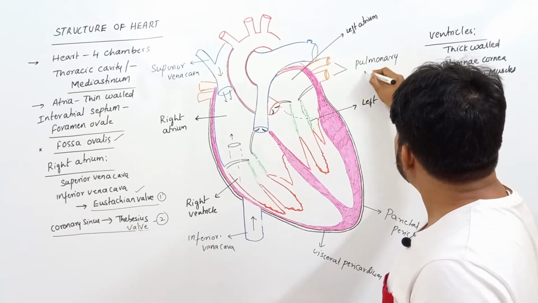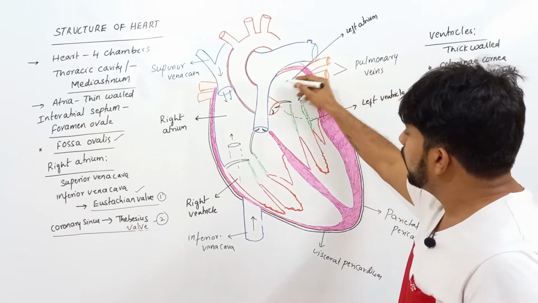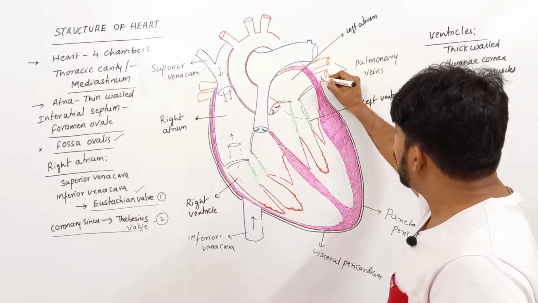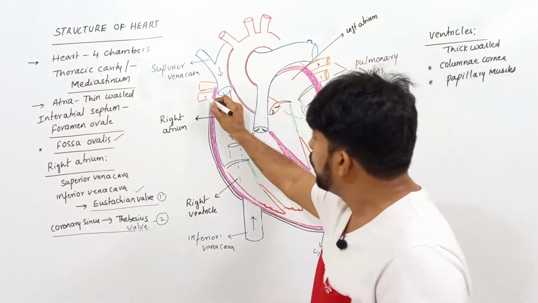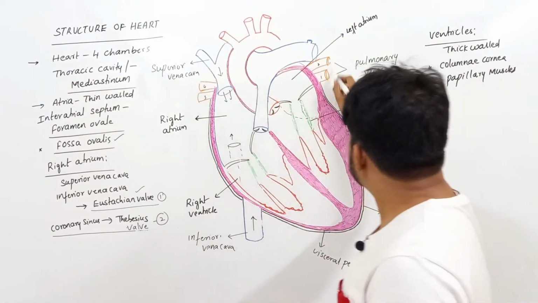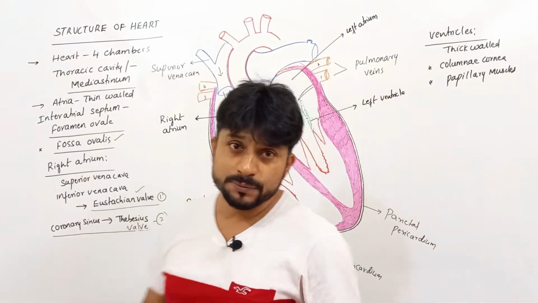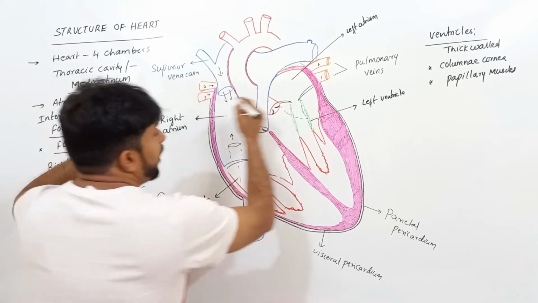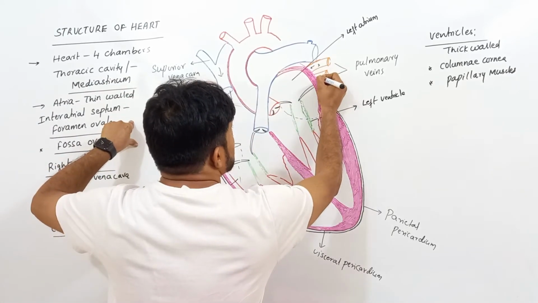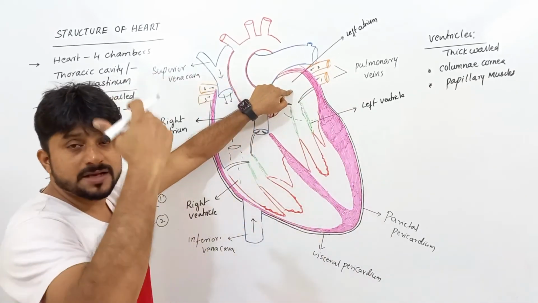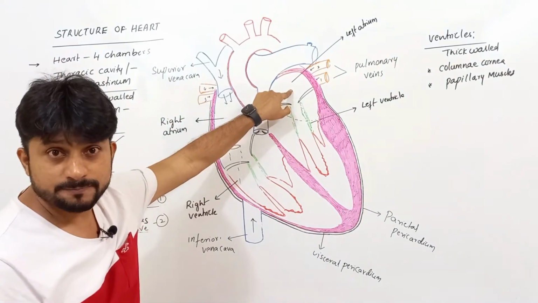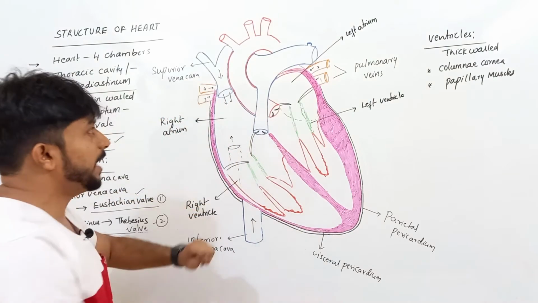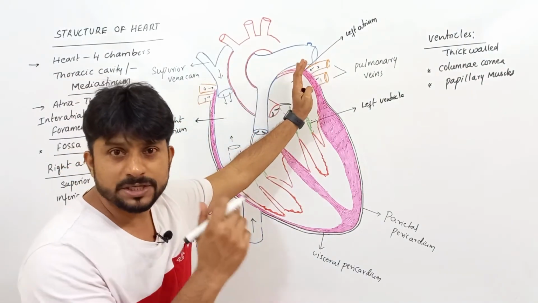Look, the number of pulmonary veins opening into the left atrium is 4. Remember, there is a direction. So all the pulmonary veins open into the left atrium and collect the oxygenated blood. Fine. Your right atrium is with deoxygenated blood and left atrium is with oxygenated blood.